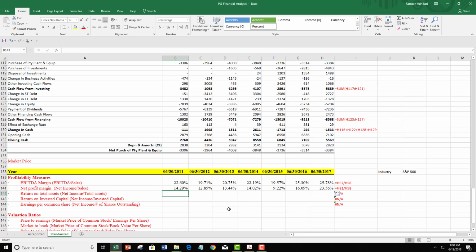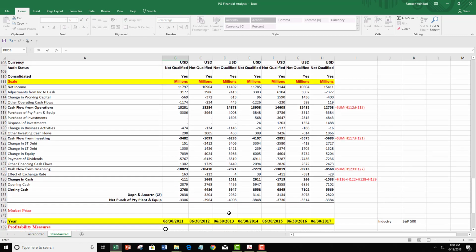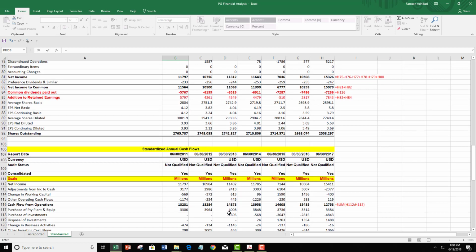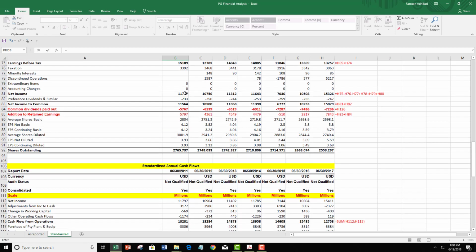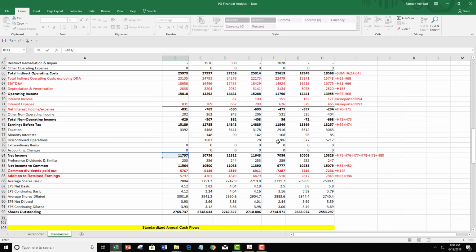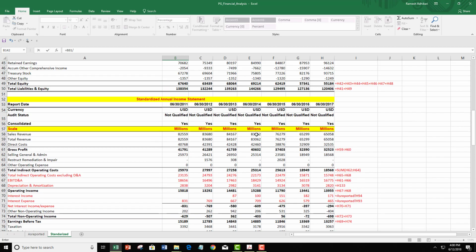The next ratio is return on total assets. Again, that is net income over total assets. So let's see here, net income, right? Net income you can find in your income statement, which is here row 81, over the total assets. You should know where to get the total assets, right? It comes from your balance sheet.